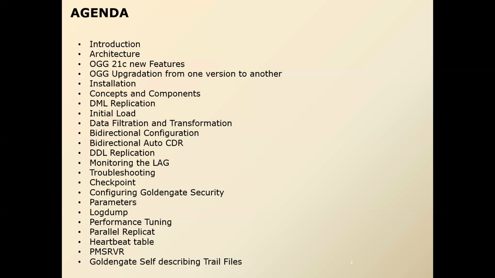So let me tell you about 21C. Many people have this question: if we are working on Golden Gate 12C and we are learning 21C, will we be able to support? So basically, there are multiple versions of Oracle Golden Gate: 12.1, 12.2, 12.3, 18C, 19C, and 21C as well.